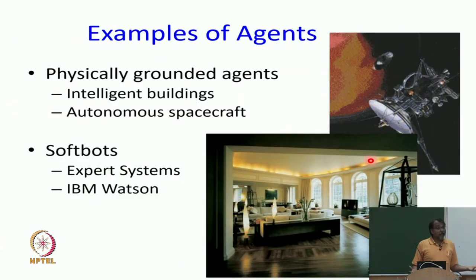Pretty amazing stuff. But not all agents need to be physically grounded; some of them can be digital and soft too, like the general idea of expert systems. You go to the machine, say I have this symptom, this symptom, this symptom, and the machine figures out what disease you may have and what your course of treatment is. Here there is not an agent acting in the physical world; it is an agent which is just getting data, as you speak in terms of a signal, or as you type in terms of text, and that is its sensors.